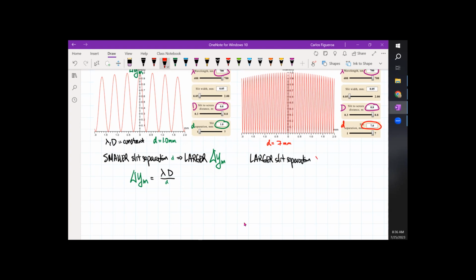In other words, this is big D. As a consequence, I'm going to get a smaller fringe separation. If I look at this equation, it tells me that this is a small one because d in the denominator is large.